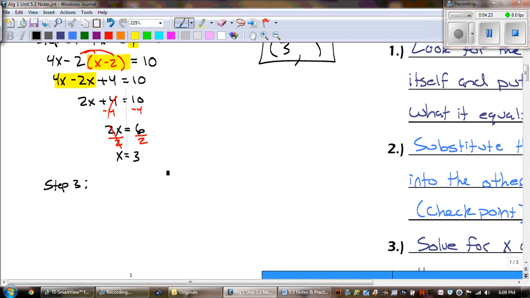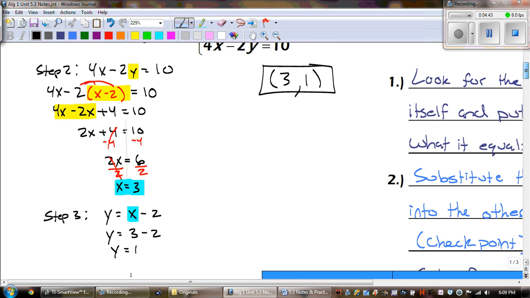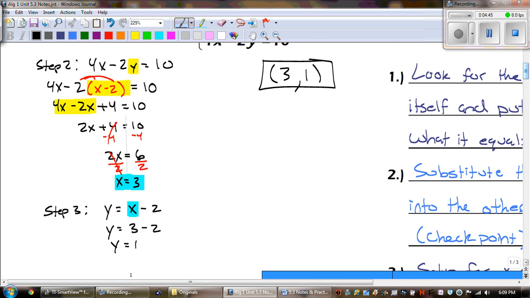Now I know what x equals. I'm going to go back to my original equation, the y equals x minus 2. We found out what x is, so I can just plug in my x now. So y equals 3 minus 2. Well, what's 3 minus 2? 1. And so we get (3, 1).